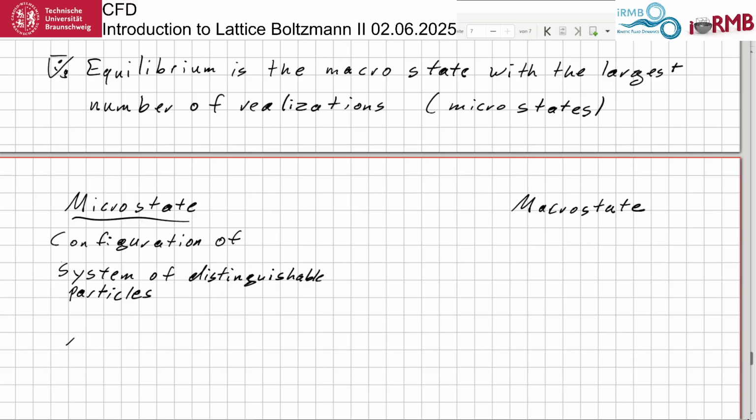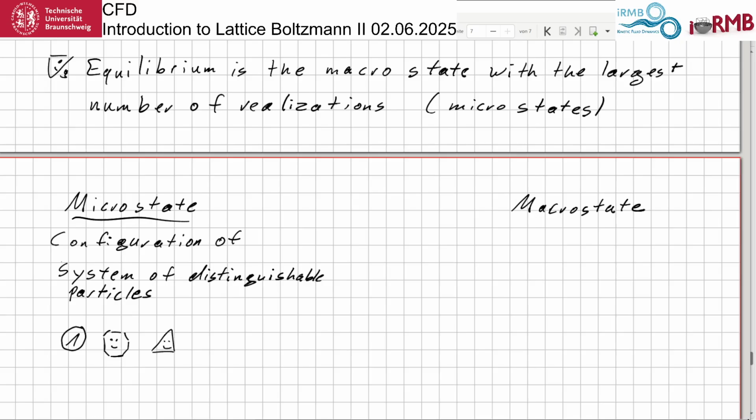Now, if my particles are coins, we could have something like this. We have one coin showing a number, another coin, and you see this other coin looks different. This is showing a face. Or you may have a coin like this.